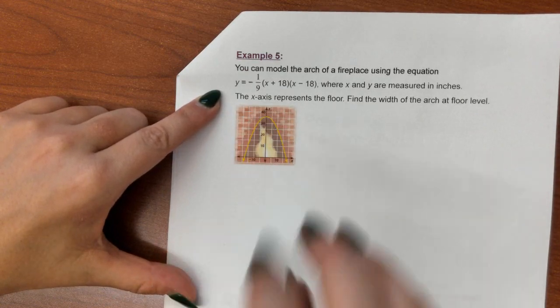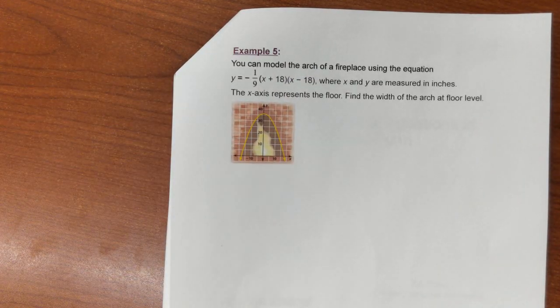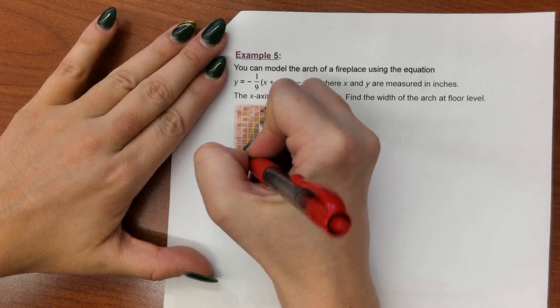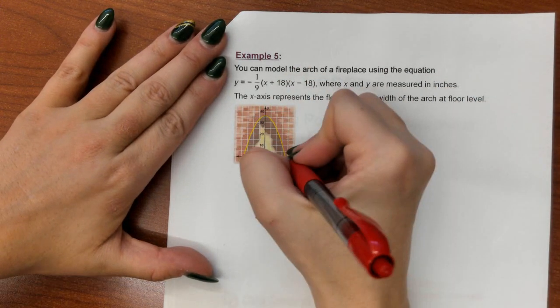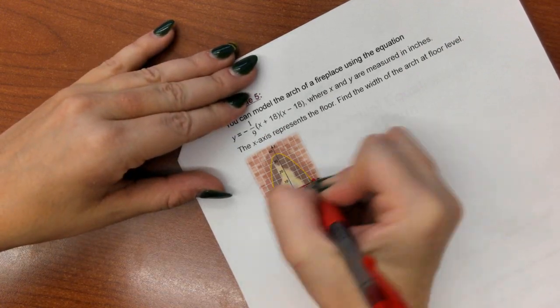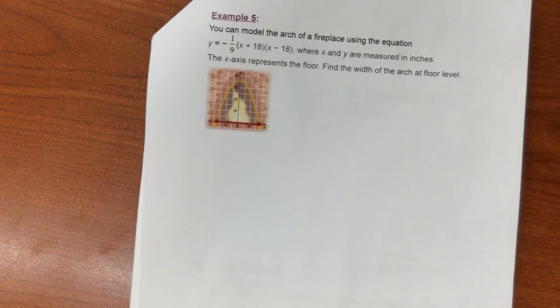So this arch is like the opening of a fireplace. And we want to find the width of the arch at floor level. So essentially, the width on the x-axis. So I've got this point and this point, and I want to know how wide it is in between. So I'm looking for this length right here.